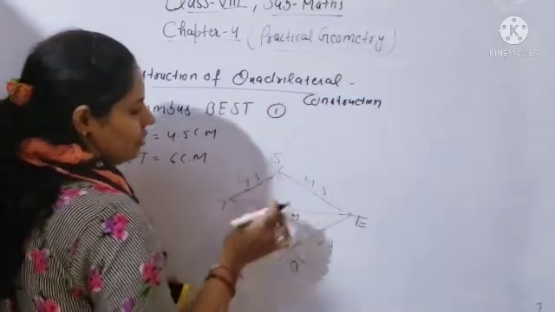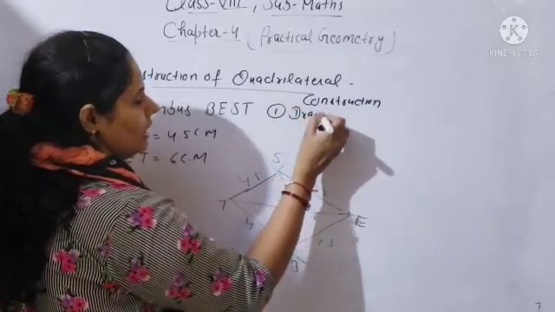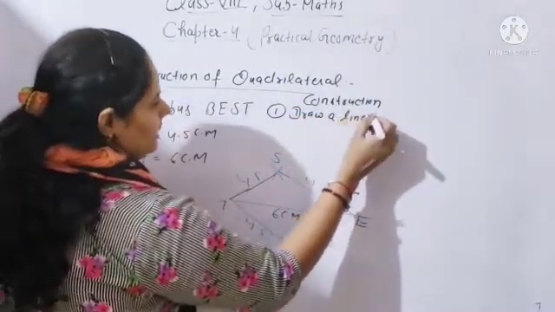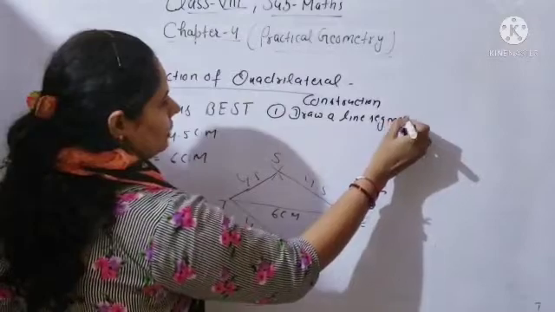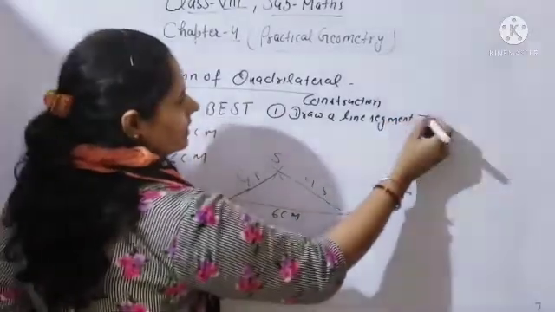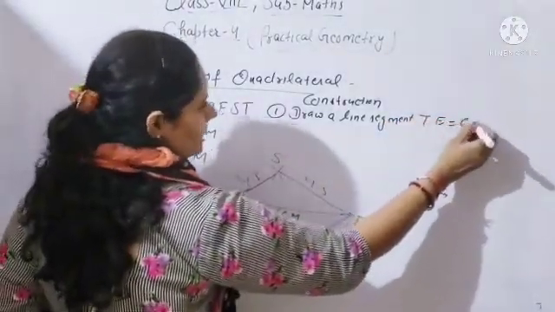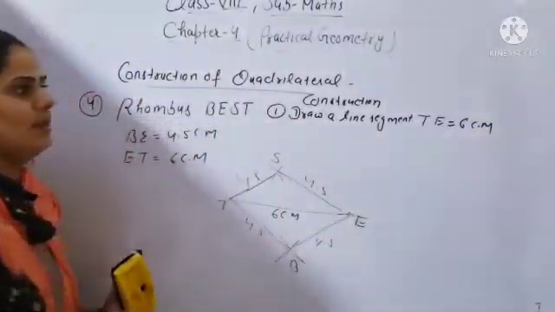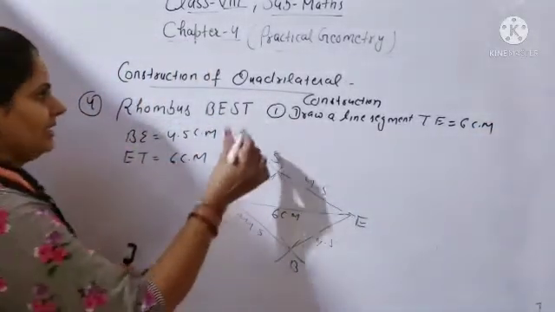first step you will write, draw a line segment. First you are drawing a line segment TE is equal to 6 centimeter. Okay, first step, draw a line segment TE 6 centimeter.